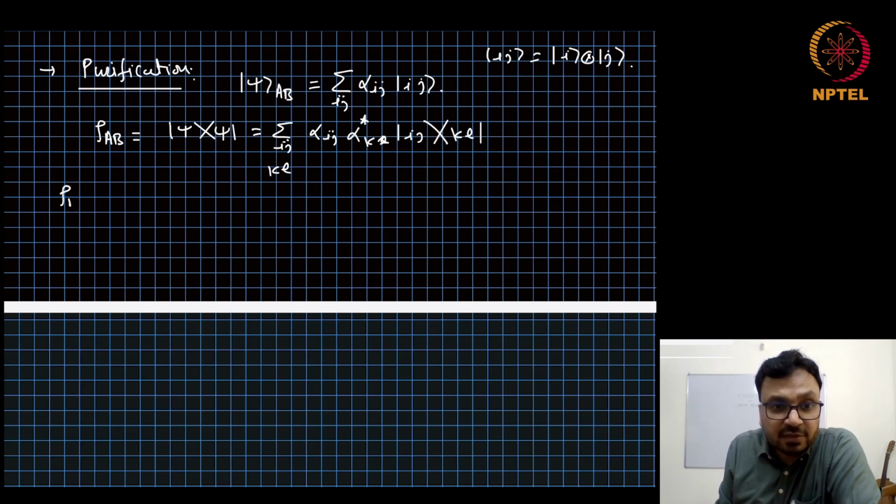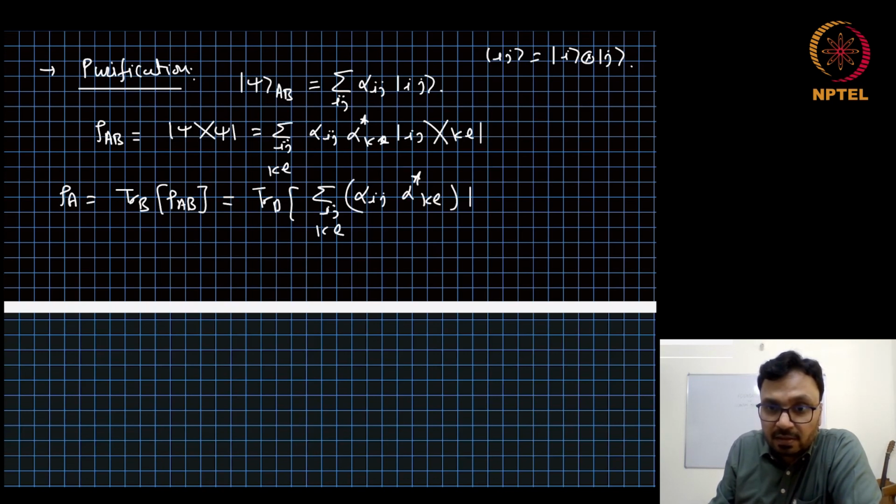Now, if we want to find the reduced density matrix rho A, then it will be trace over B of rho AB. So it will be trace over B of the sum over i, j, k, l of alpha ij alpha star kl |i><k| tensor |j><l|.